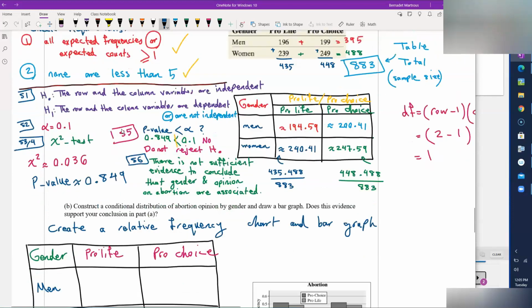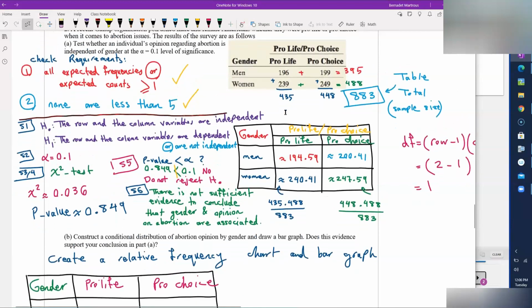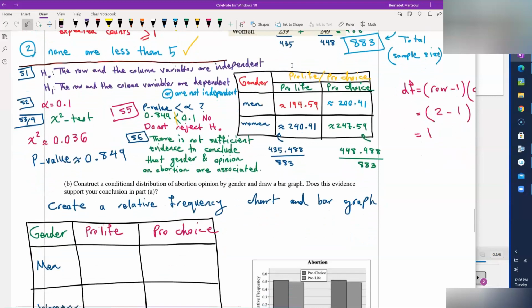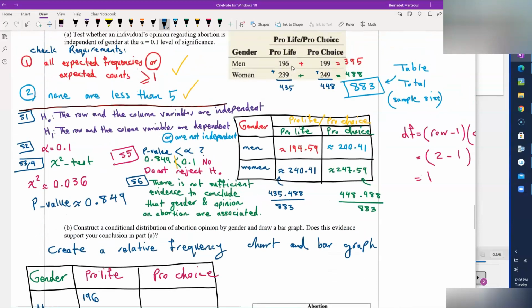Okay, now since we're trying to find relative frequency, we have to use these observed counts. For the first one, men pro-life, we have 196, and we divide by the total for men, which is 395.